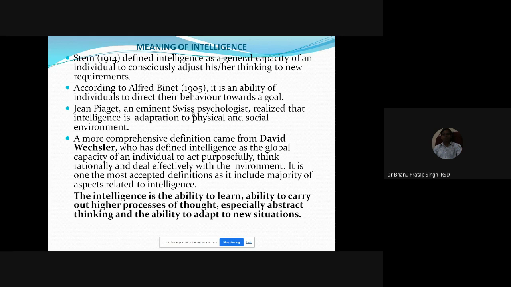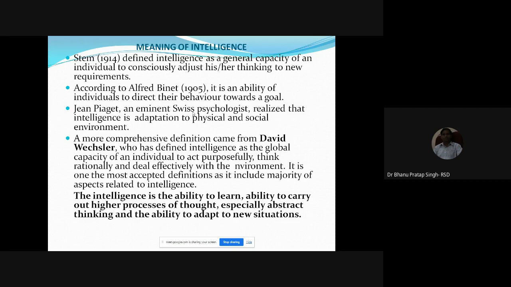But the most comprehensive definition given by David Wechsler, who has defined intelligence as a global capacity of individual to act purposefully, think rationally, deal effectively with the environment. It is one of the most accepted definitions because he talks about environment and purposefully.